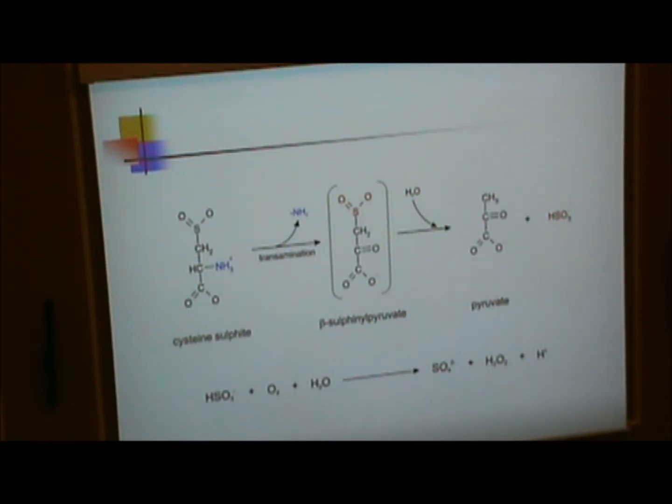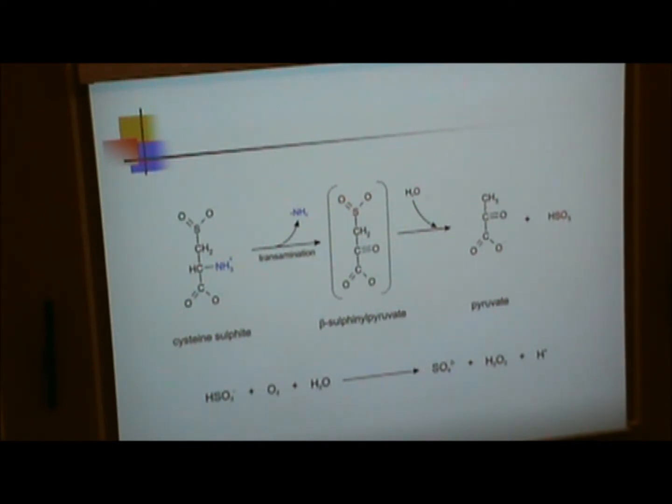Then the HSO3 minus ion is oxidized by oxygen with participation of a water molecule. The SO3 group is oxidized to SO4 group.